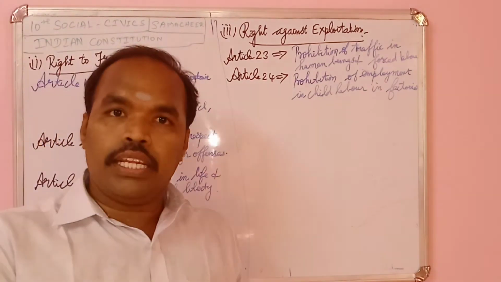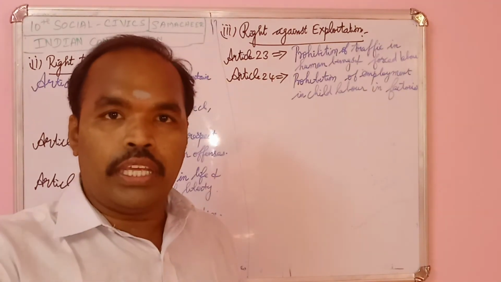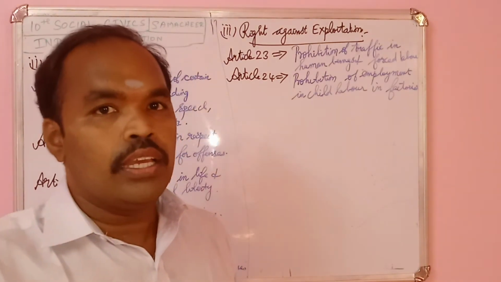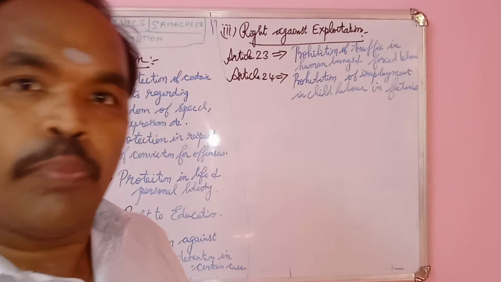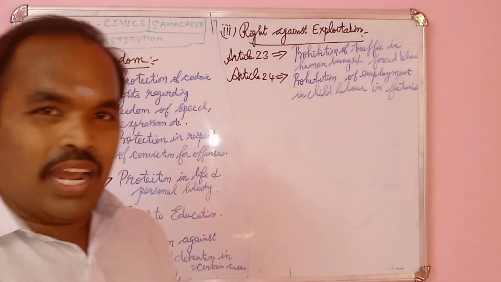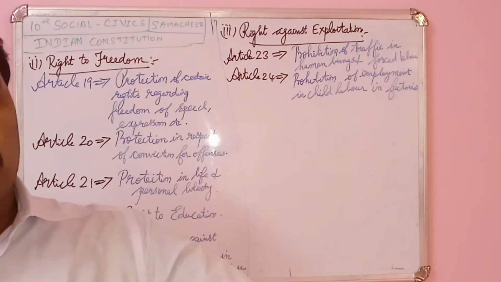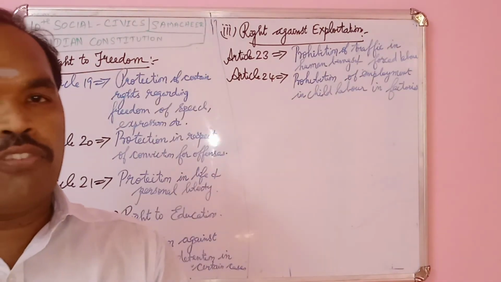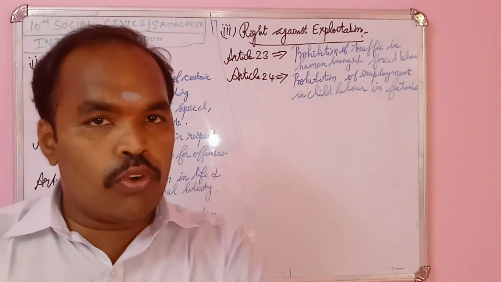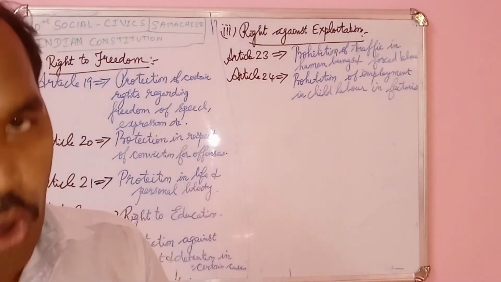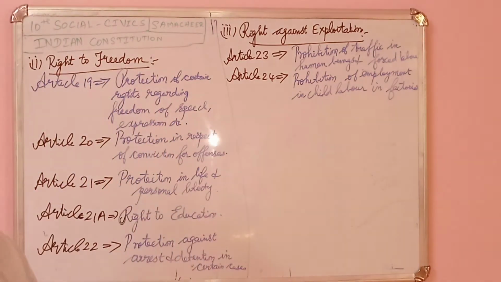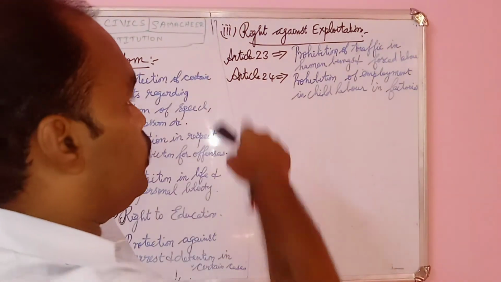If it is considered as OT, that is overtime duty, it would be a good law. But if they tell laborers to work forcefully for nearly 13 or 14 hours, it is prohibited as per our Indian Constitution, Article 23.